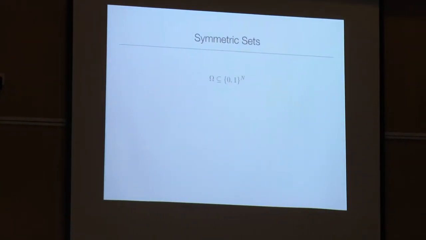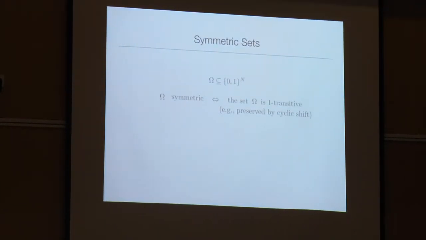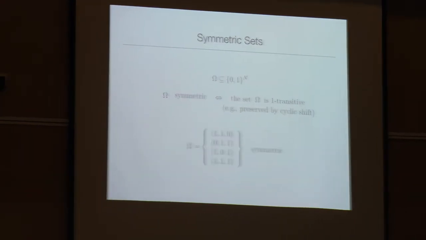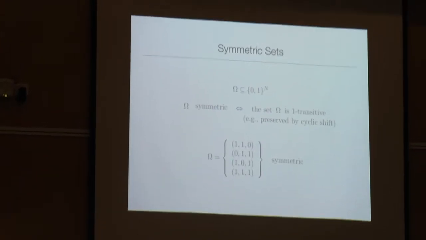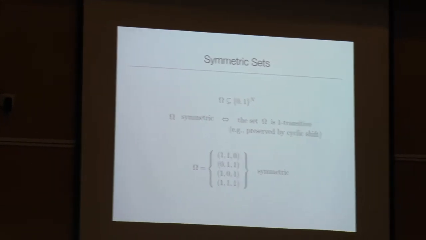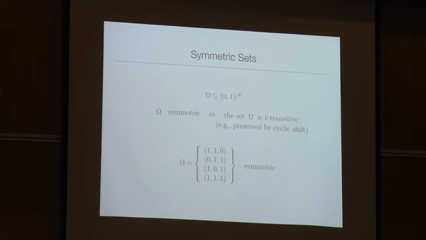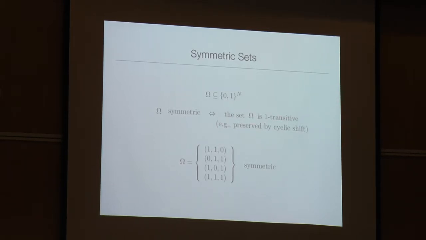Okay, but now I also want that the set is symmetric. So again, this is exactly the same as what we said before, and that is one transitive. Okay, so I want this set to be one transitive, as we said beforehand. I only ask for one transitivity of the set and not for two transitivity, and this will become clear in a moment.